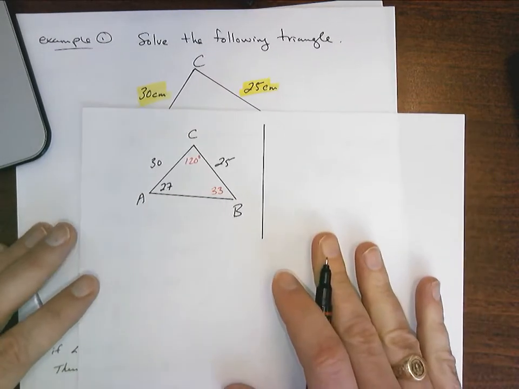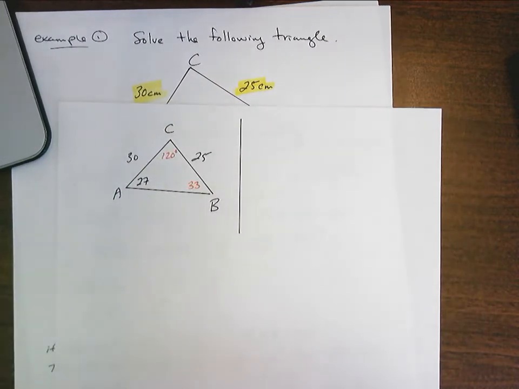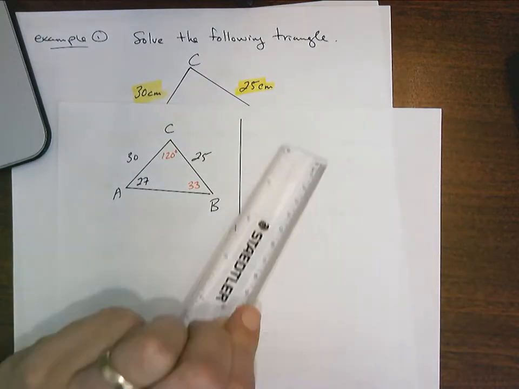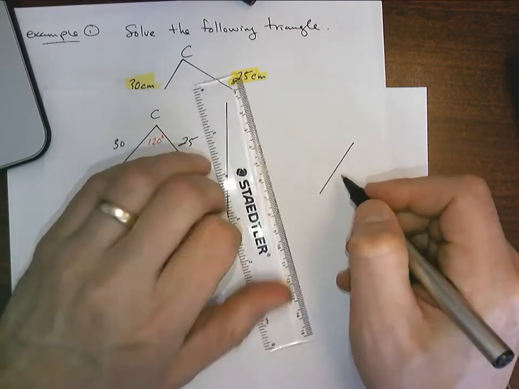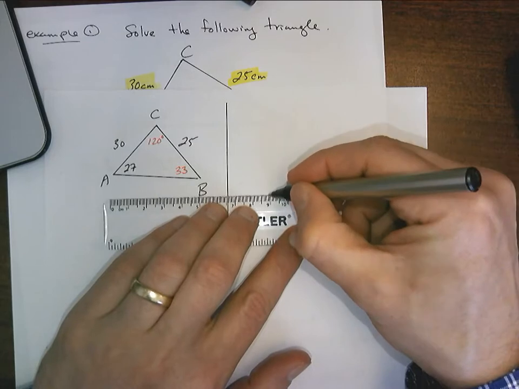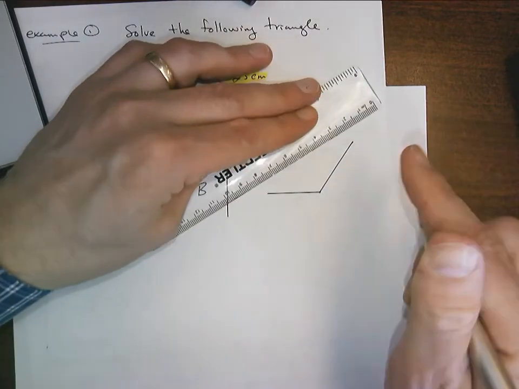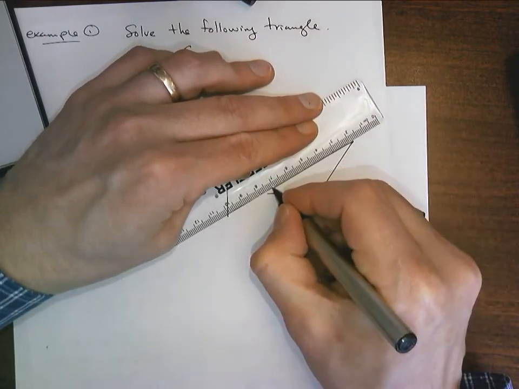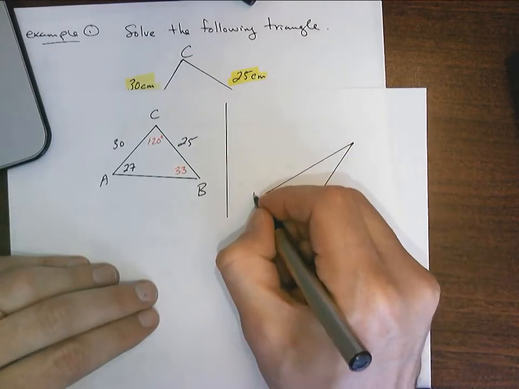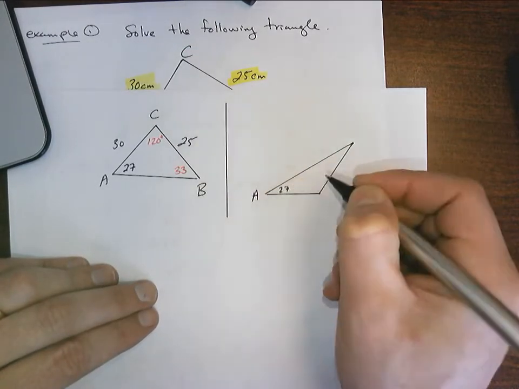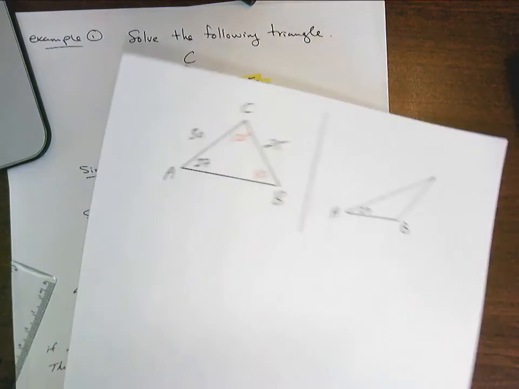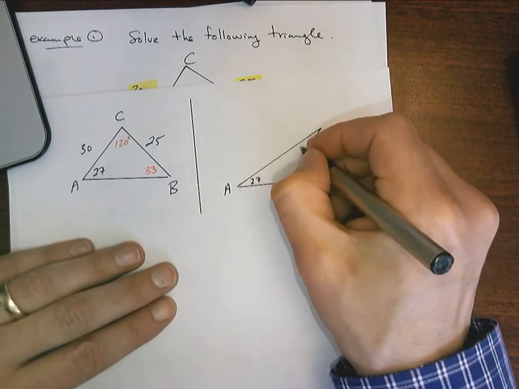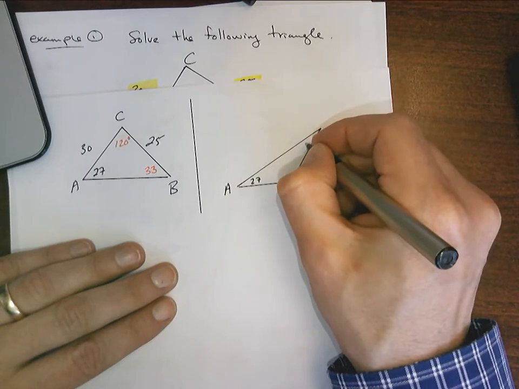Now notice it's not drawn to scale, but that's one of the triangles we've come up with. Let's come up with the other triangle. The other triangle is going to look more like this. This will still be A. This will be 27. This will still be B. This is 147 this time. And up here is going to be 6.